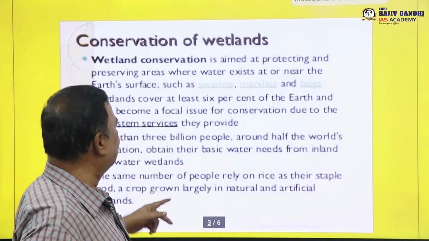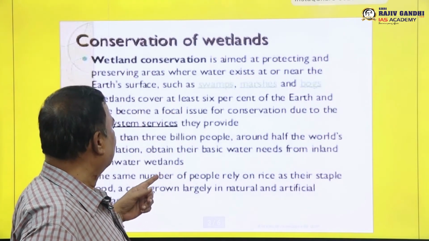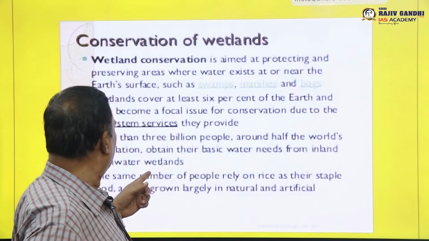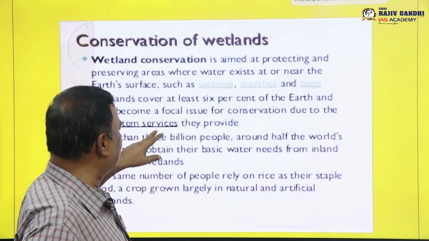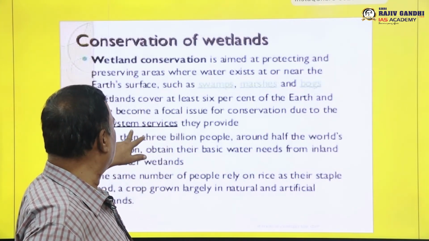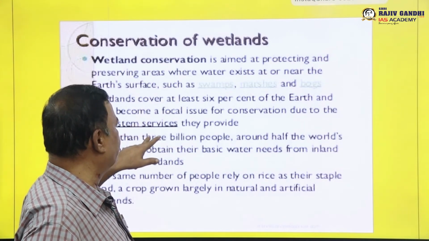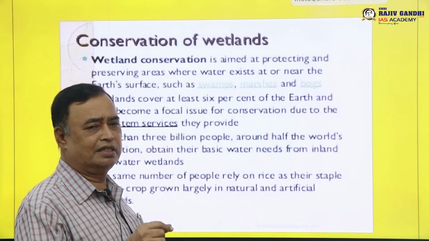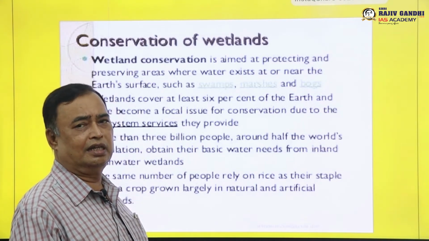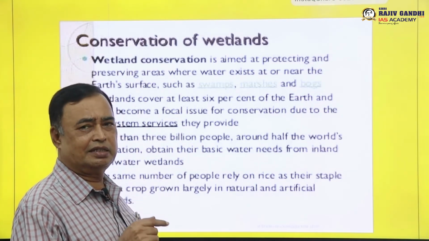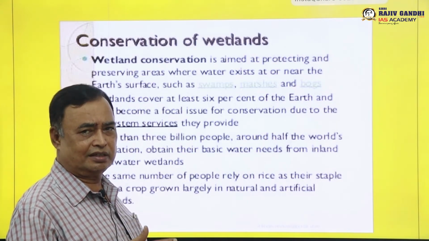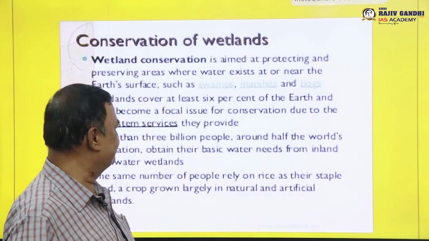Wetlands cover at least 6% of the surface and have become a focal issue for conservation due to the ecosystem services they provide. Kindly note, ecosystem service refers to the services that are provided by the vegetation to human beings. This is called ecosystem services. The best example is vegetation provides oxygen to mankind so that we are breathing.